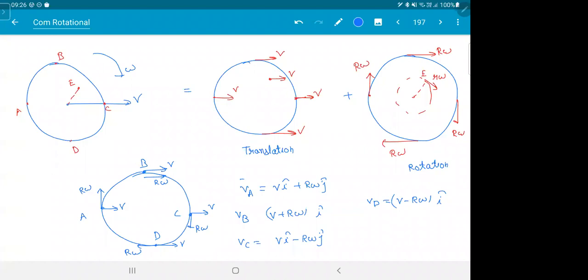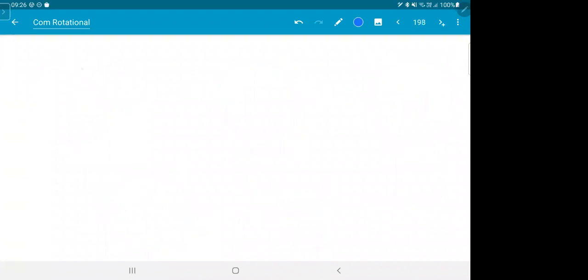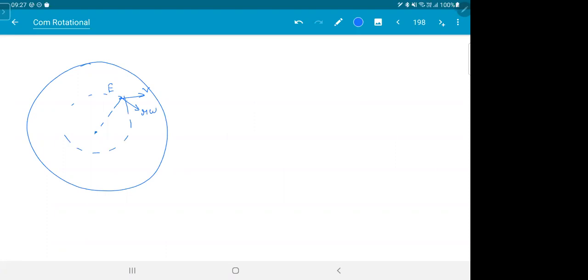Next thing. So look at that point E, okay? So it'll have two things. One, the translation and the rotation. So for the velocity of E, this is V, and let's say this is theta. This is R omega.